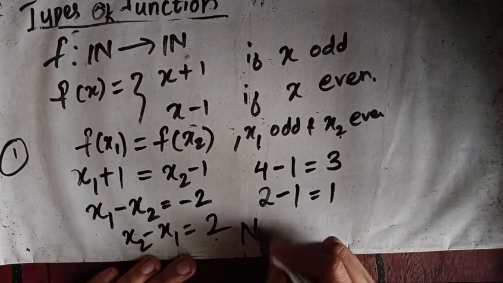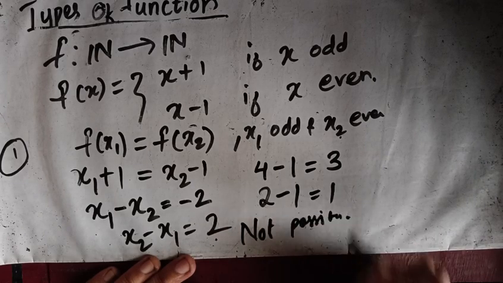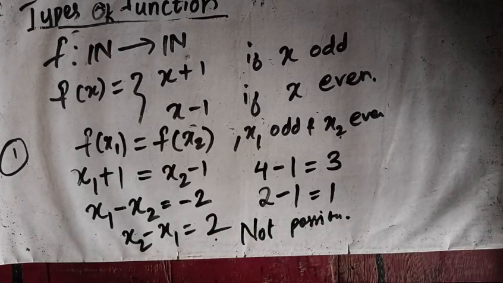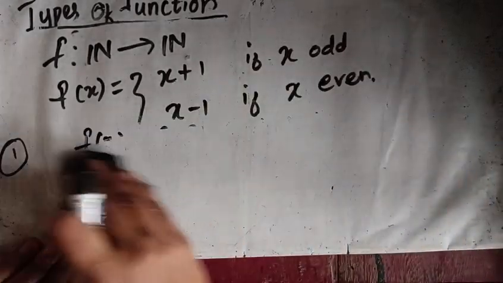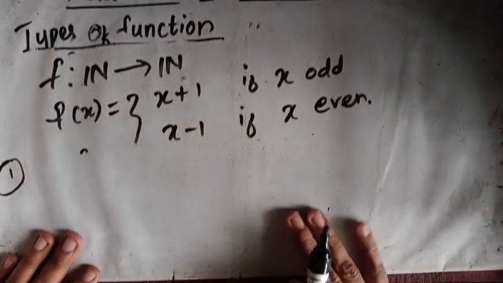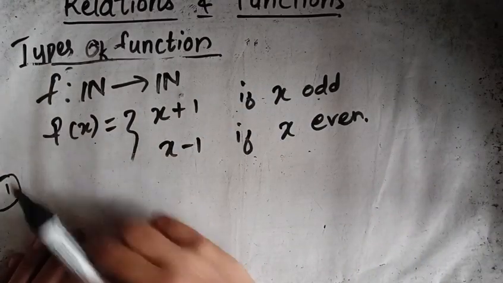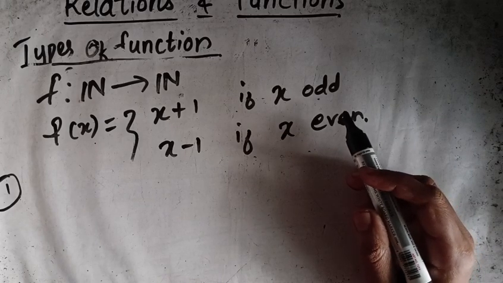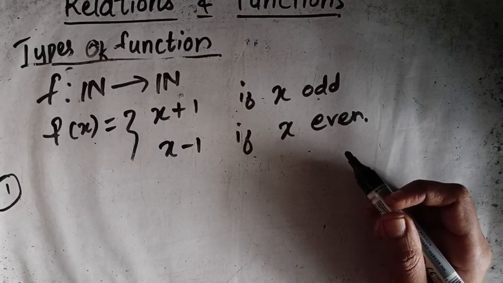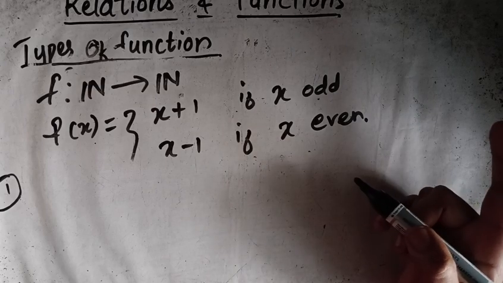So this is not possible. So whatever we proved first, that is, if both x1 and x2 are odd, then this is one-one, and both x1 and x2 are even, then it is one-one. Okay. Now we'll go for onto.